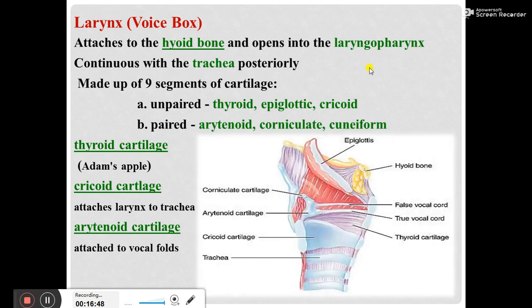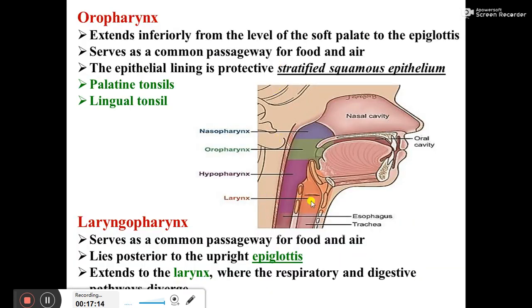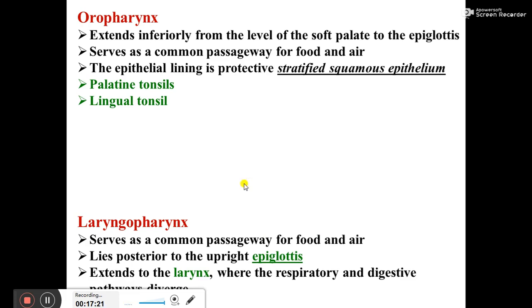What is larynx? Larynx is also called the voice box because it is responsible for production of the voice, or whatever you are hearing now, because my larynx is working now. The larynx attaches to the hyoid bone, which you can see here, and opens into the laryngopharynx. I told in the previous photograph that the laryngopharynx, which is the hypopharynx, leads to the larynx.